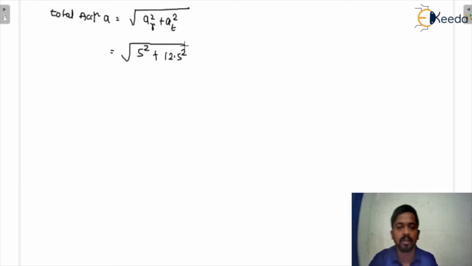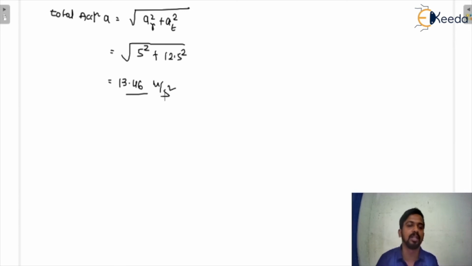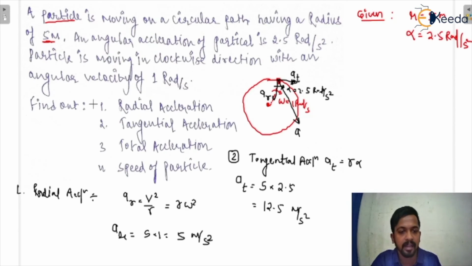Using a calculator, we get the answer 13.46 meter per second square. This is the total acceleration of the particle. We have calculated the radial acceleration, that is 5 meter per second square, the tangential acceleration, that is 12.5 meter per second square, and the total acceleration, that is 13.46 meter per second square.